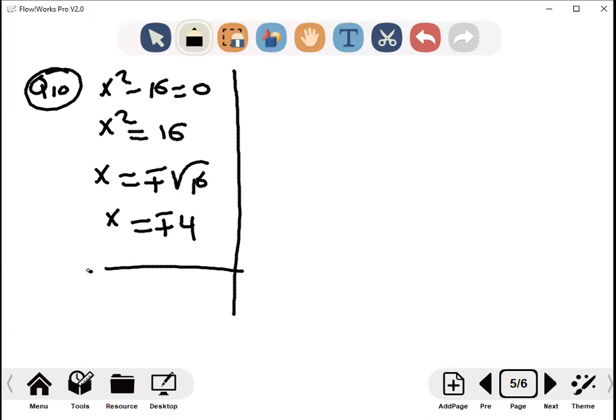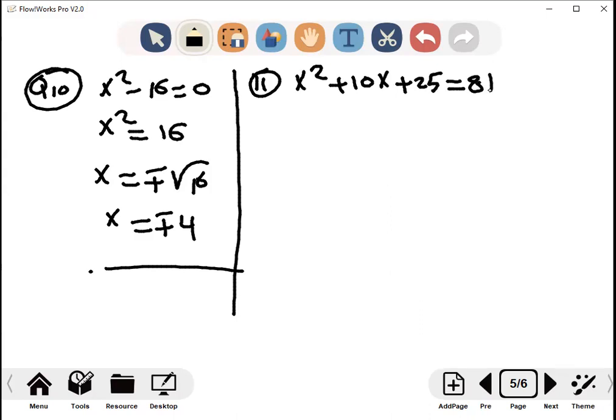Okay, question 11. In question 11, they want us to use the square root property to find the solutions of x power 2 plus 10x plus 25 equals 81.